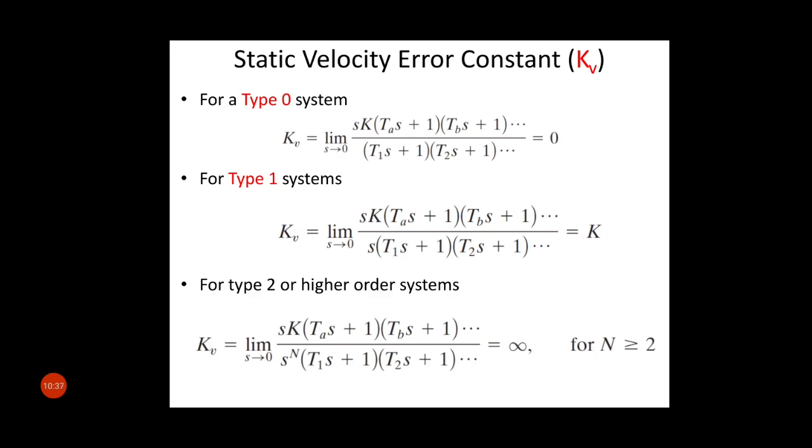Now we will see what is the static velocity error constant for type 0 system, type 1 system or higher order system. So see, for type 0 system the static velocity error constant Kv is equivalent to 0, and for type 1 system this Kv is equal to K, and for type 2 or higher order system this Kv equal to infinite.